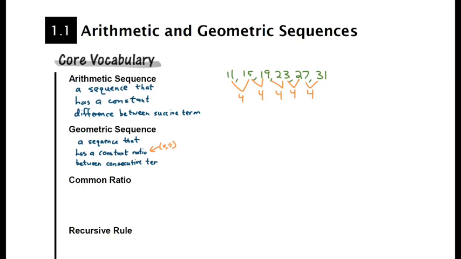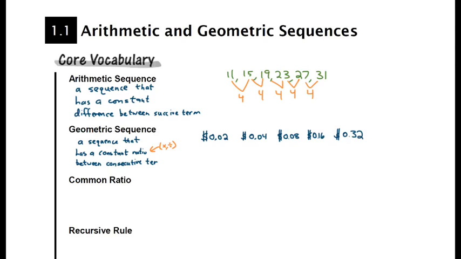So for a geometric sequence, let's say we have 2 pennies, $0.02. If we multiply that by 2, we get 4 pennies. We multiply that by 2, we get 8 pennies. Multiply by that 2, we'll get 16 pennies. Then 32 pennies.